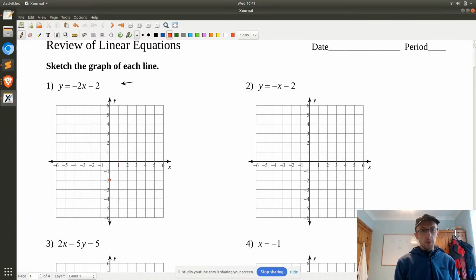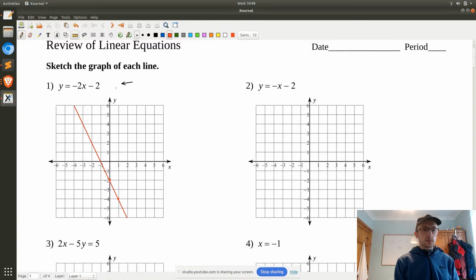So it will be down here. Then, using your ruler, just draw a straight line passing through those 2 points as best as you can. And I can see that it will go from there over to there.